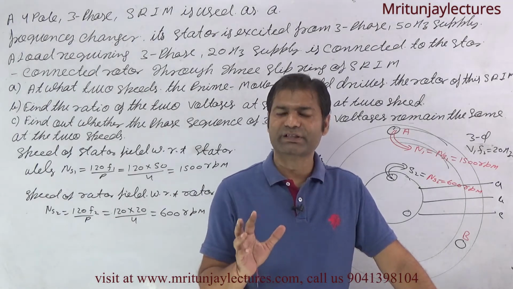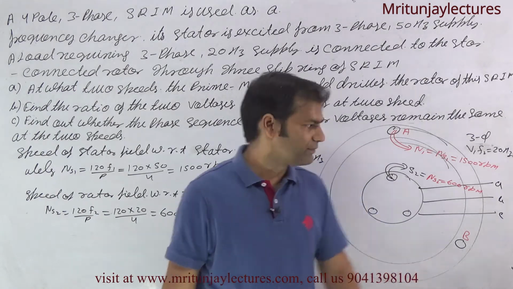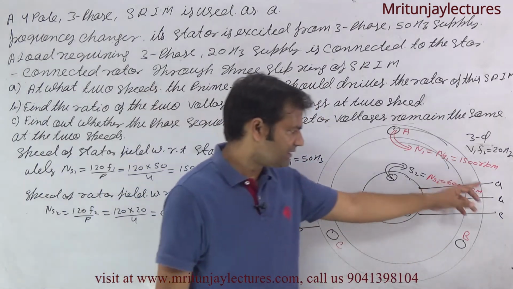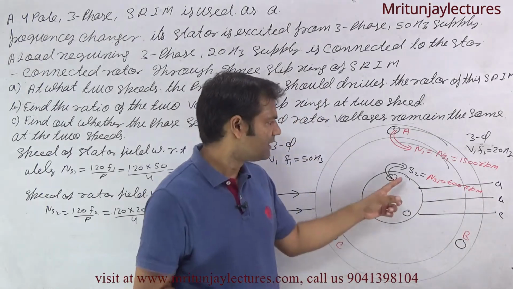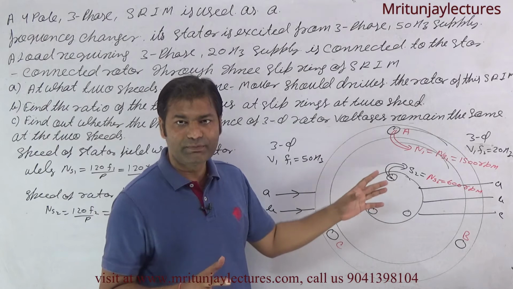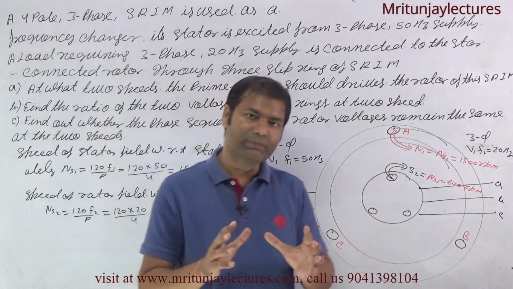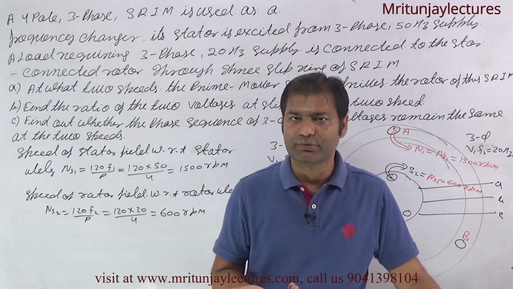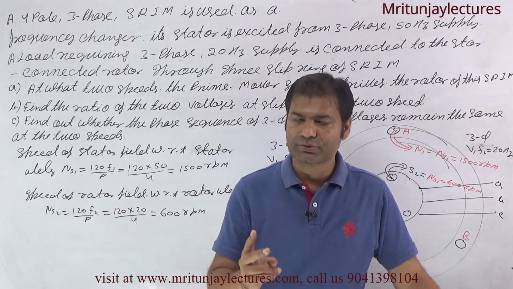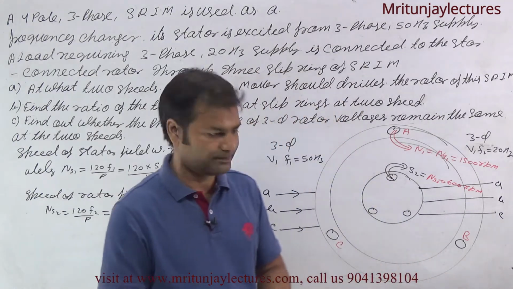If both fields are rotating in the same direction, what about the rotor speed? Second, if the stator is ABC and the rotor is ACB, then the rotor field with respect to the rotor winding rotates anti-clockwise. What about the rotor? The rotor rotates the other way. I don't know which direction they are moving, so two speeds of the rotor are possible.